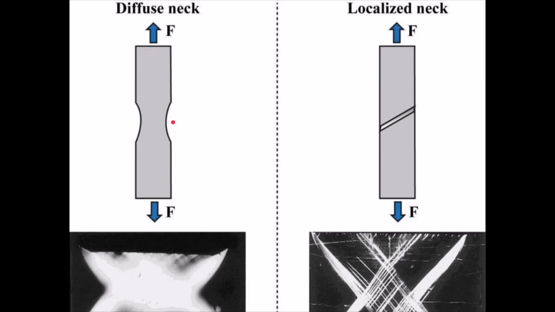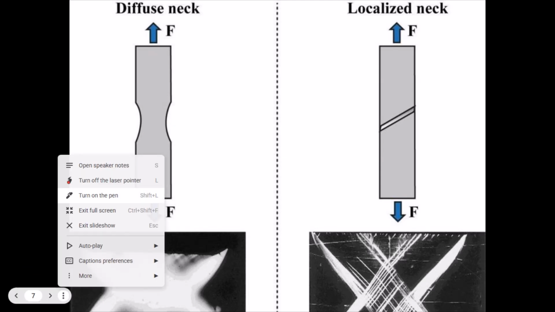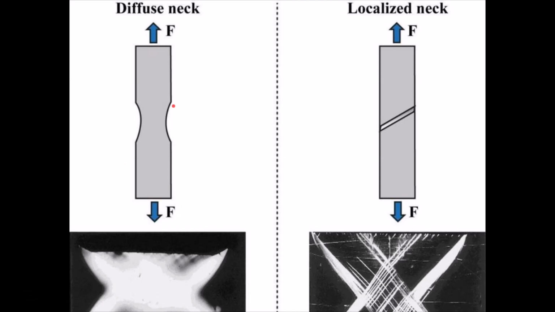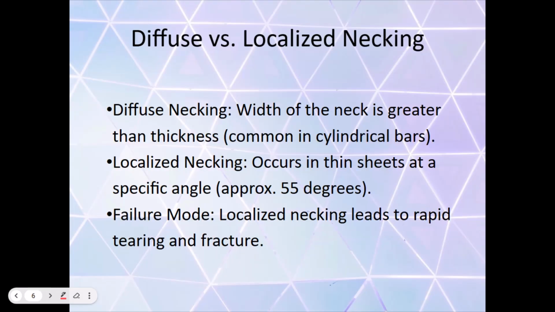This is the width of the neck and this is the thickness of the neck. When the width increases relative to the thickness, necking will occur. This is the diffuse type of necking.